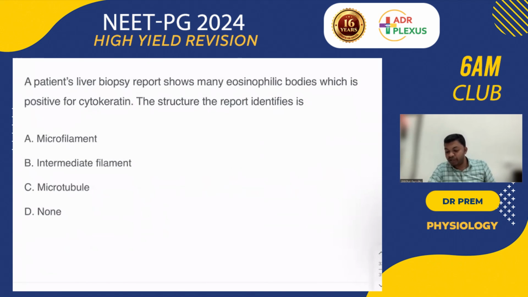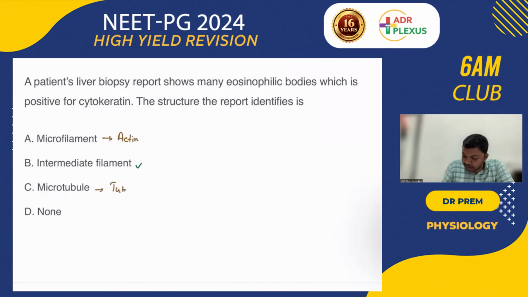A patient's liver biopsy report shows many eosinophilic bodies, which are positive for cytokeratin. The structure the report identifies as: microfilament, microtubule, or intermediate filament? Very good, intermediate filament. Right answer. Microfilament is only one protein, which is nothing but actin. Microtubule is made of tubulin.